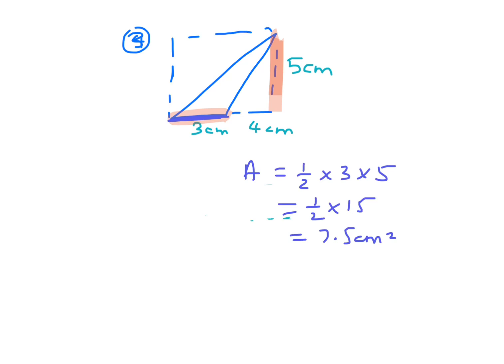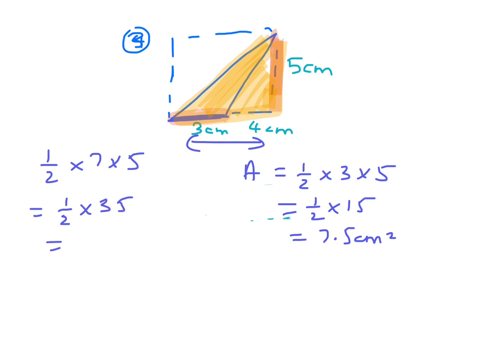So if you did the whole big triangle there, let's see if we get exactly the same thing. So if we went a half times 7 times 5, that'd be a half times 35. So that would be 17.5 centimeters squared. That will give you the whole big triangle.